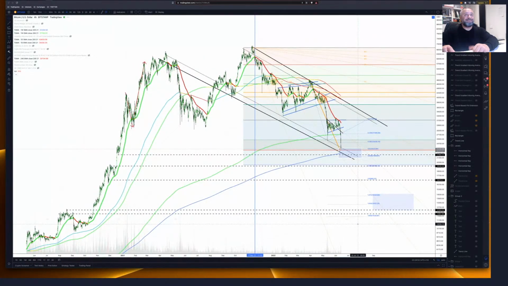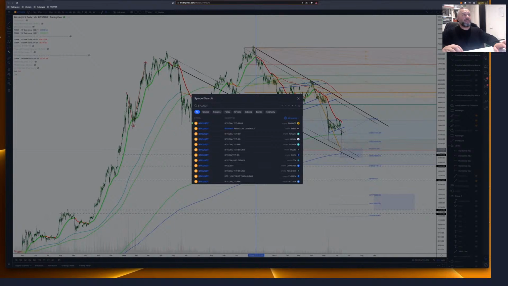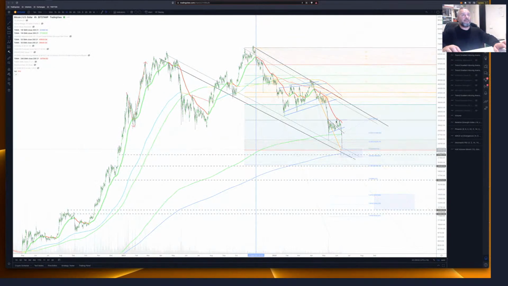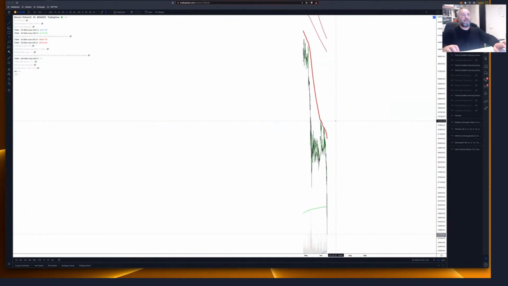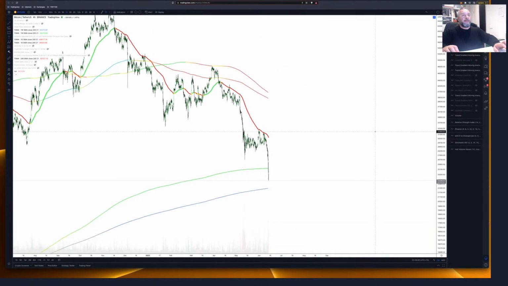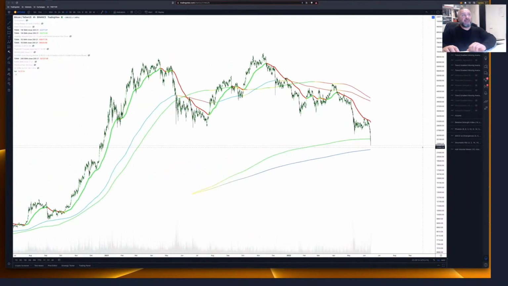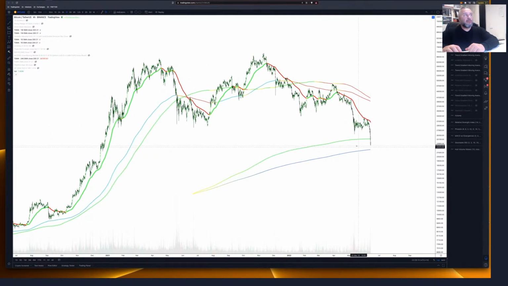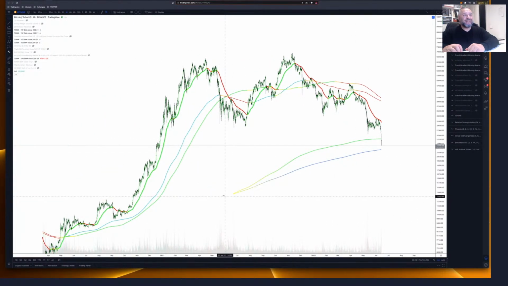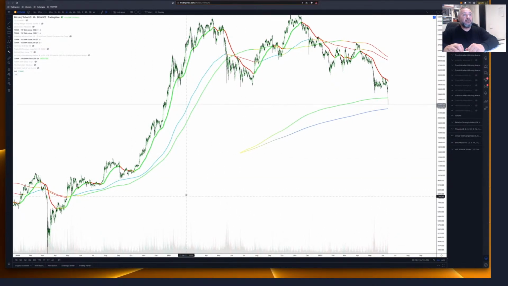Now, can we use that? Don't know. Let me check another exchange. Okay, so this is Binance, and you can see the 200 moving average doesn't have the history we like on the others.